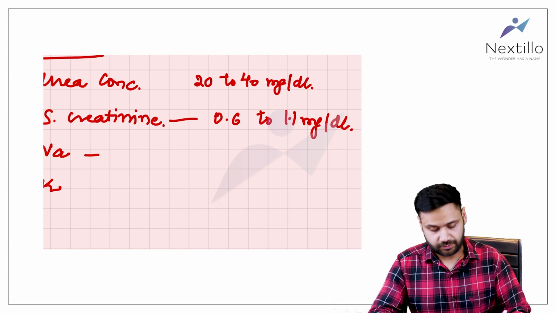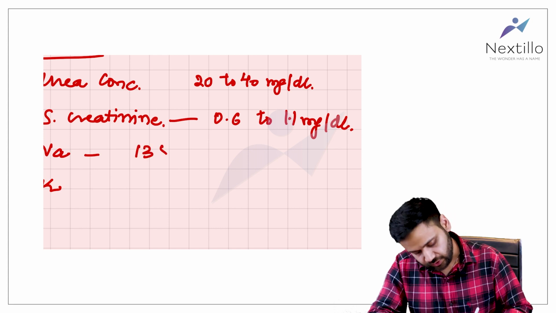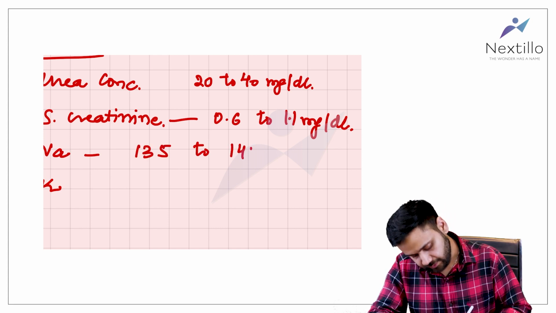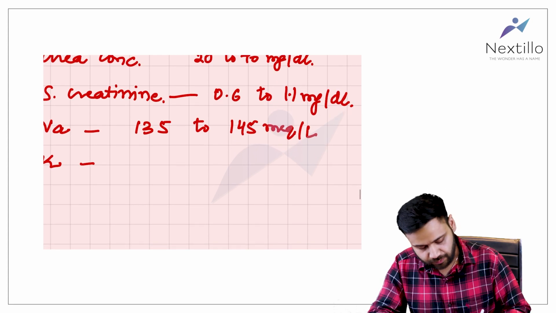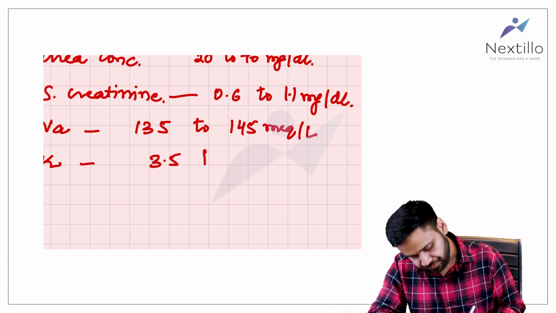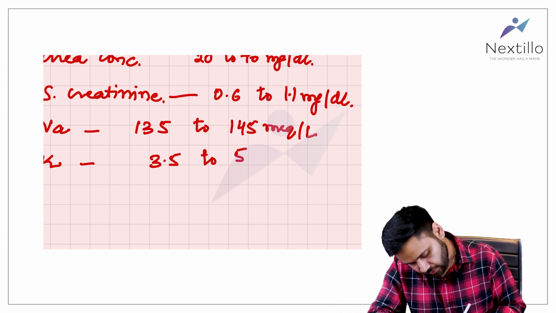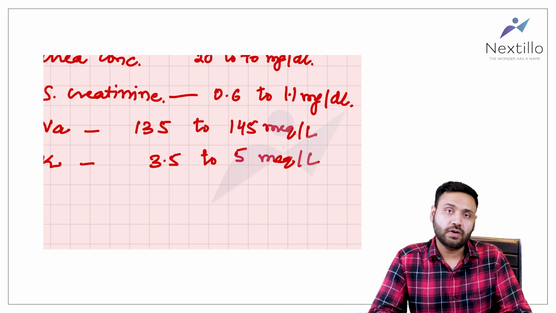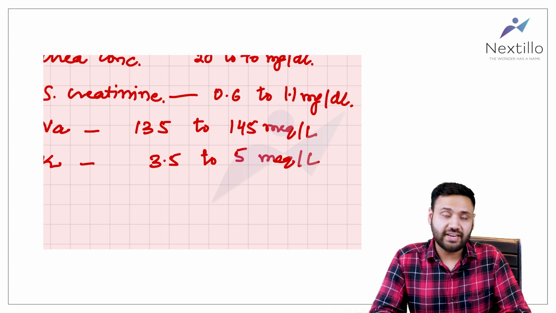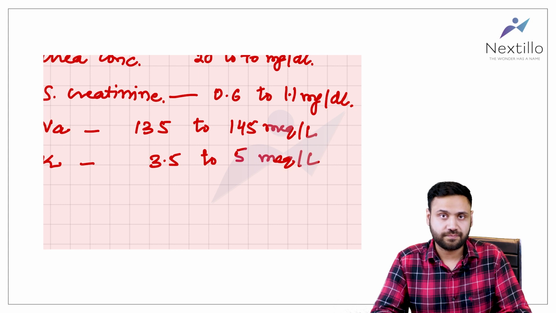The normal sodium is between 135 to 145 milliequivalents per liter, and for potassium it's 3.5 to 5 milliequivalents per liter. The difference in sodium and potassium is because sodium is primarily extracellular and potassium is intracellular. That is why there is wide variation in the concentration levels of sodium and potassium.